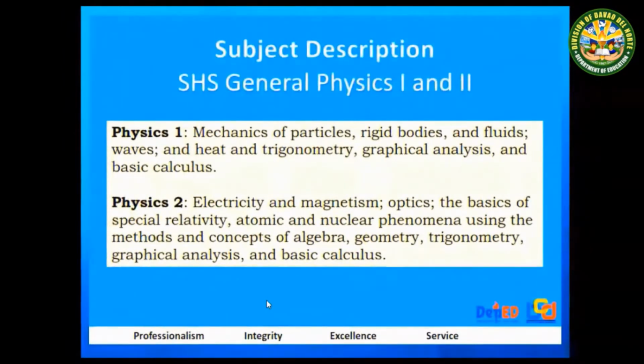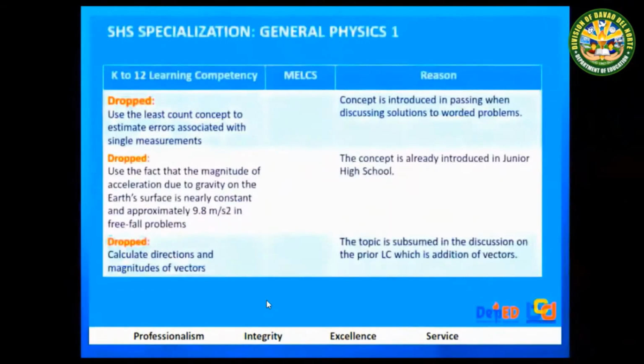For Physics 2, Electricity and Magnetism, Optics, the Basics of Special Relativity, Atomic and Nuclear Phenomena, using the methods and concepts of algebra, geometry, trigonometry, graphical analysis, and basic calculus. This slide shows the dropped competencies for General Physics 1, and all the reasons are reflected in the last column of this slide.